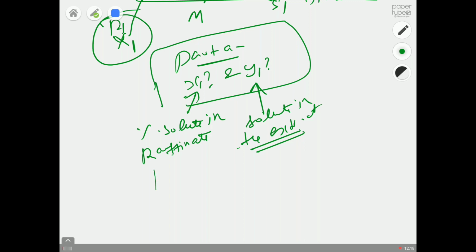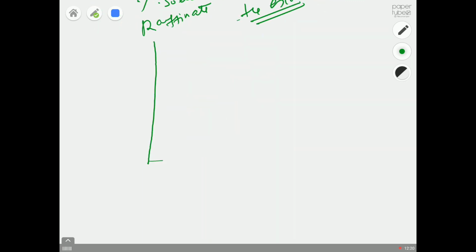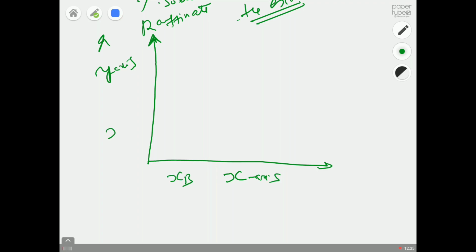The only thing is that we plot our liquid-liquid equilibrium data on a two-dimensional graph, with an x-axis and a y-axis. We plot xB versus xC to get the raffinate arm, and then plot yB versus yC to get the extract arm. Both will meet at the plait point.